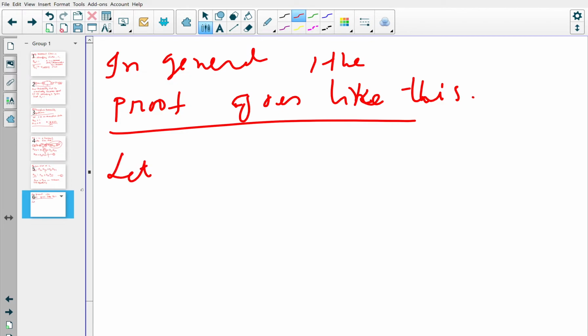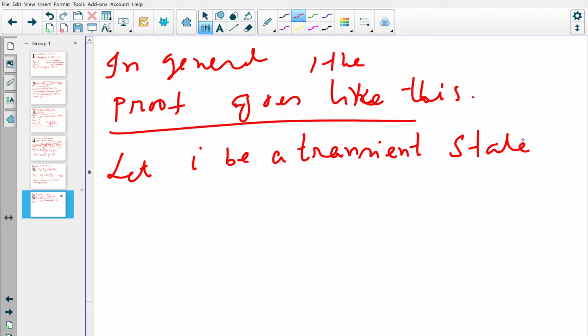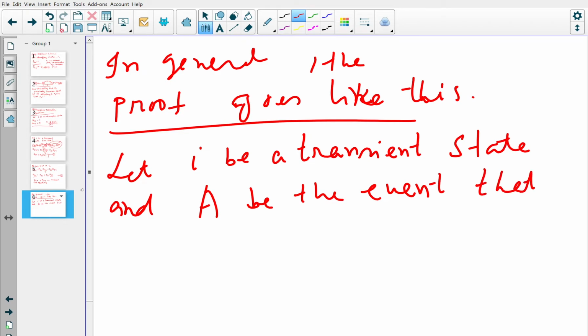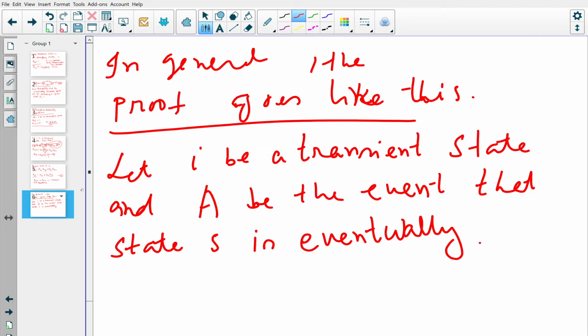Let i be a transient state, and A be the event that this state S is eventually reached.